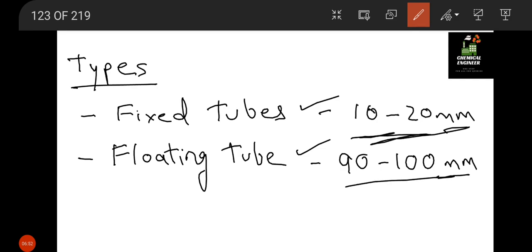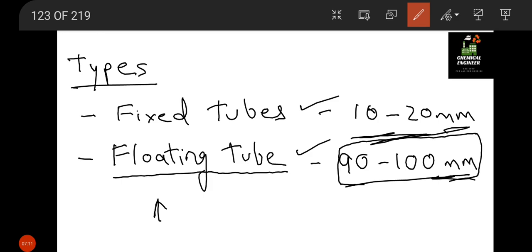Now you may ask why there is a difference between the gaps. The difference is that floating tubes are not steady. They are actually vibrating and moving up and down. That is why we have kept the gap length more in the floating tube compared to the fixed tube. So this is the basic reason. Please remember this is the fourth point, that of the gap.